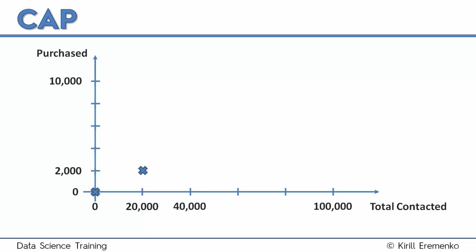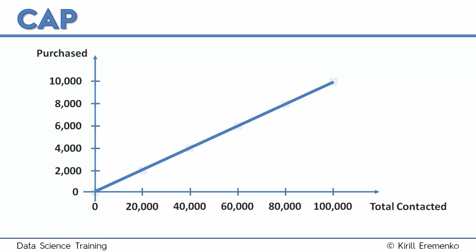If we send the offer to 40,000 of our customers, then about 4,000 will respond. 60,000, 6,000, 80,000, 8,000, 100,000, then 10,000 of our customers should respond. And this is a random selection process. So here we can draw a line which will actually represent this random selection. The slope of the line equals that 10% that we know respond on average to our offers if we just send them out like that.